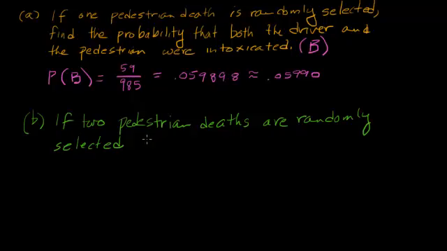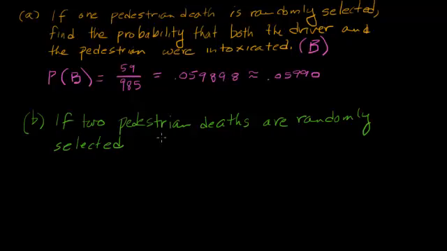If these are, for example, files in a police department, and you've gone to select out of a group of files, did you pull one out, open it up, record whether or not both were intoxicated, and put it back before you selected the second one? Or did you pull one out and set it aside and then pull another one out, right?